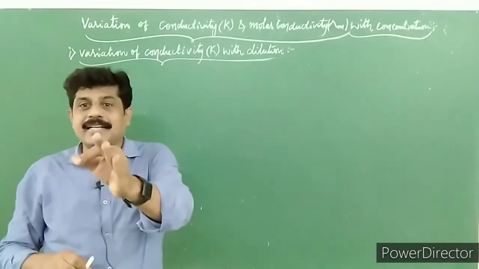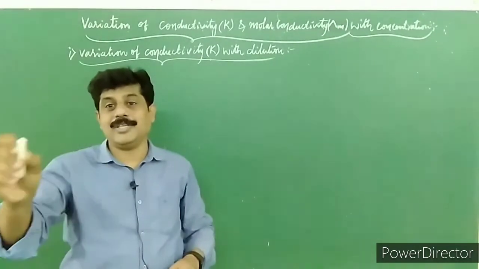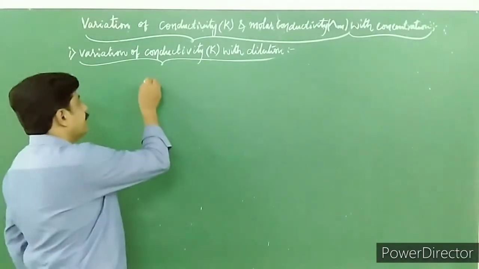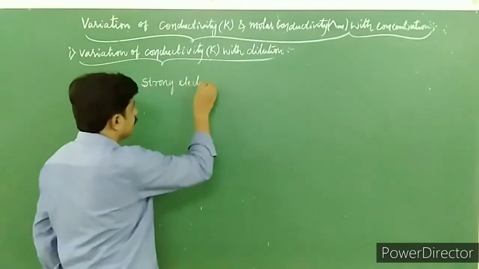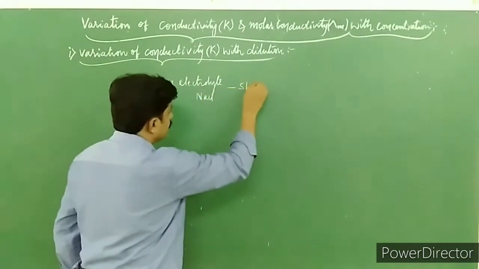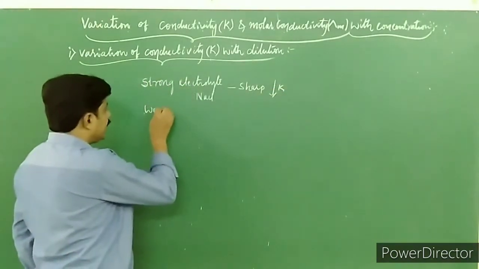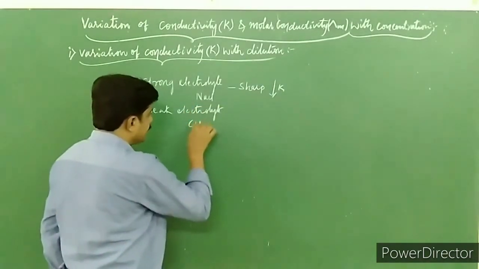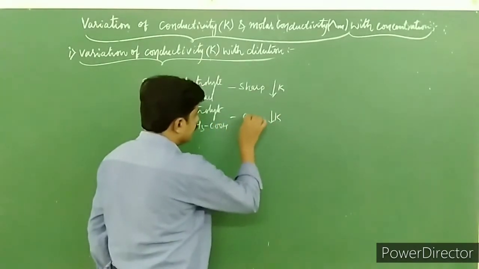Children, the decrease in conductivity with the dilution is sharp in the case of strong electrolyte, but gradual in the case of weak electrolyte. I repeat again, the decrease in conductivity for strong electrolyte like NaCl is sharp, whereas for weak electrolyte like say acetic acid or ethanoic acid, the decrease in conductivity is gradual.